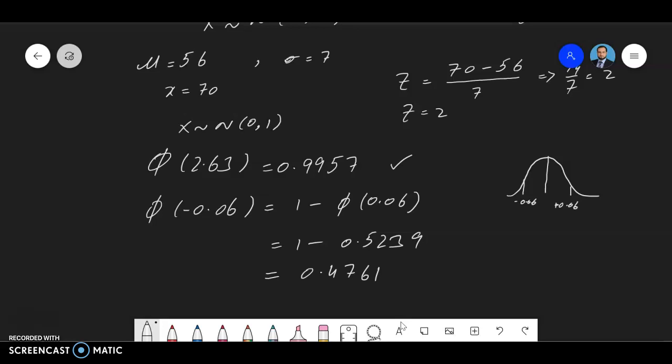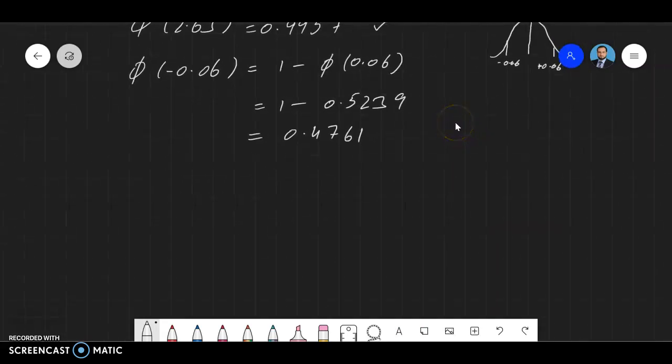So here we figure out that if we are given these two values, positive and also negative, we can easily figure out using this formula the probabilities of this, or even we can say the area for that.